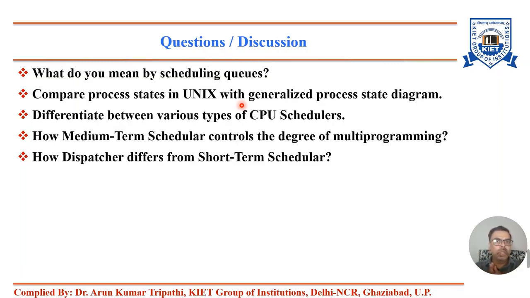In general, a process is created with the help of a system call that is known as fork. How does it take place? Differentiate between various types of CPU scheduler, how the midterm scheduler controls the degree of multi-programming, how the dispatcher differs from the short-term scheduler, etc. So these are the questions for discussion.